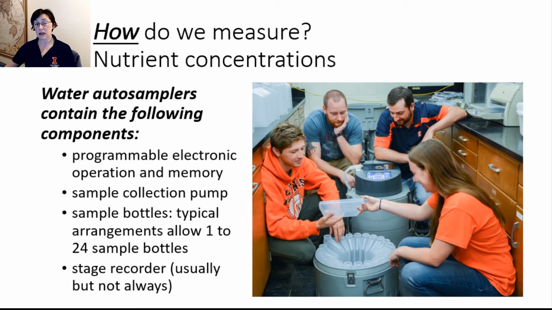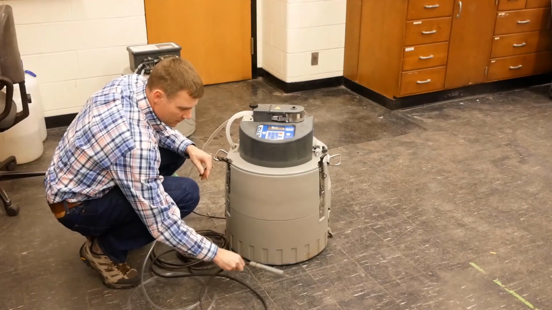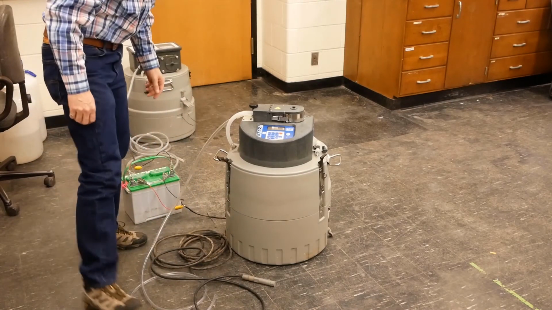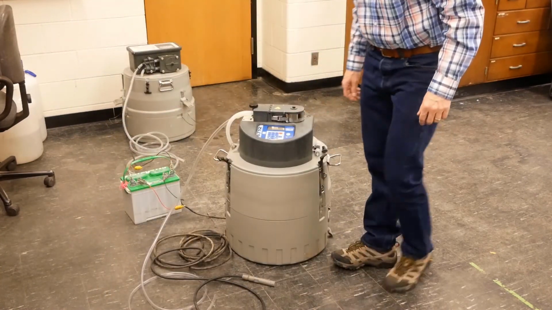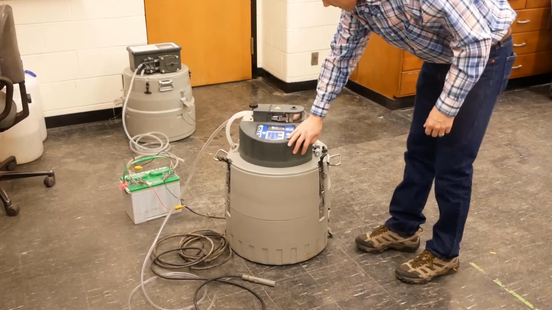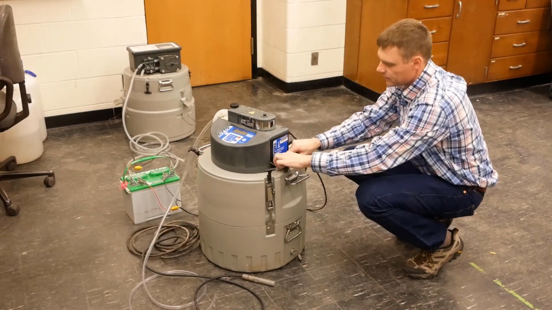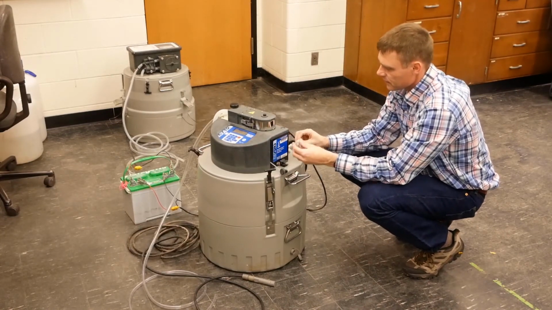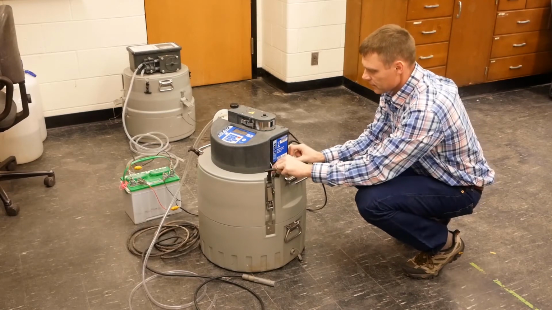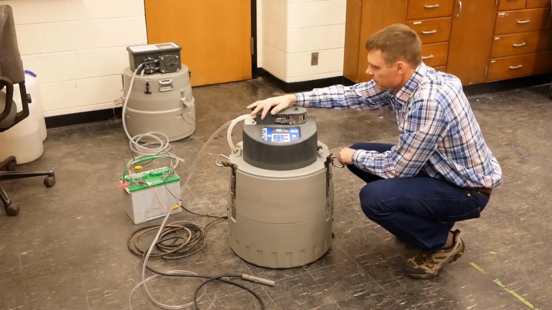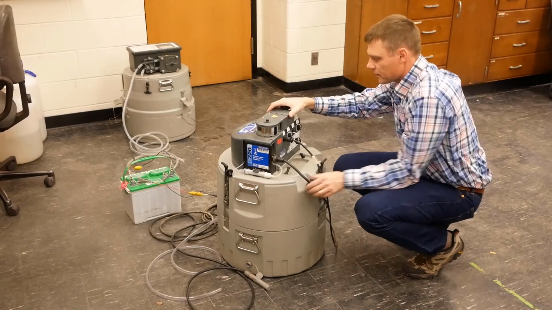Now, if you do have funding for auto samplers, they provide a lot of really excellent flexibility. And note that the pictures I'm showing for this part are generally Teledyne ISCO brand, but I do want to say use of brand name does not necessarily imply an endorsement, because there are a number of brands of auto samplers available for sampling water. Every auto sampler has a couple of basic parts.